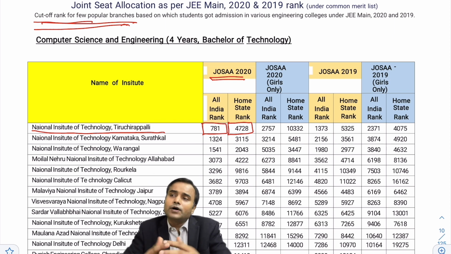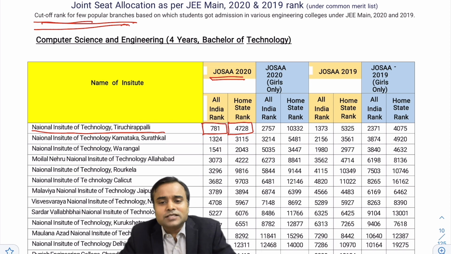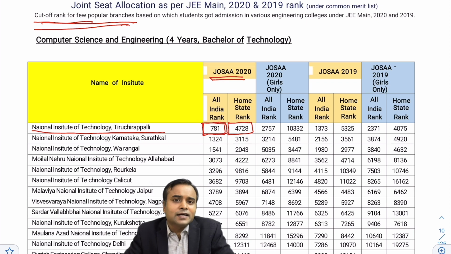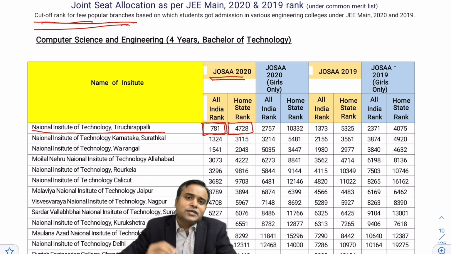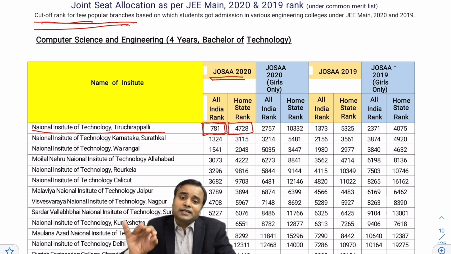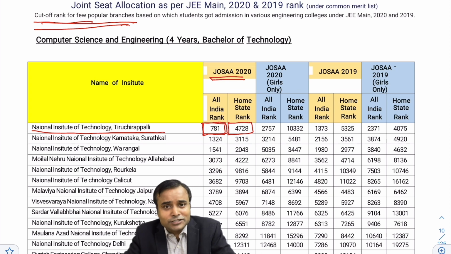See, you can say this is a very different situation. This situation holds for other students also. Suppose a student belongs to Delhi and wants to take admission in NIT Delhi. He has the reservation of 50% and will get the benefit of that reservation.